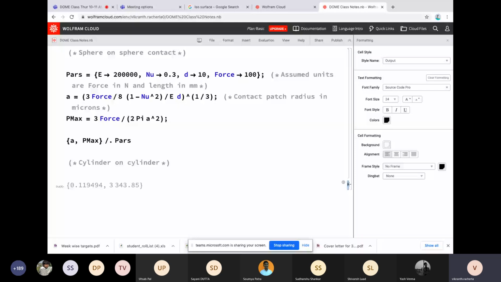Okay. And what is the contact pressure? What is the maximum pressure? 343 megapascals, or it is about 3.3 gigapascals. Okay. Is it a surprising result?